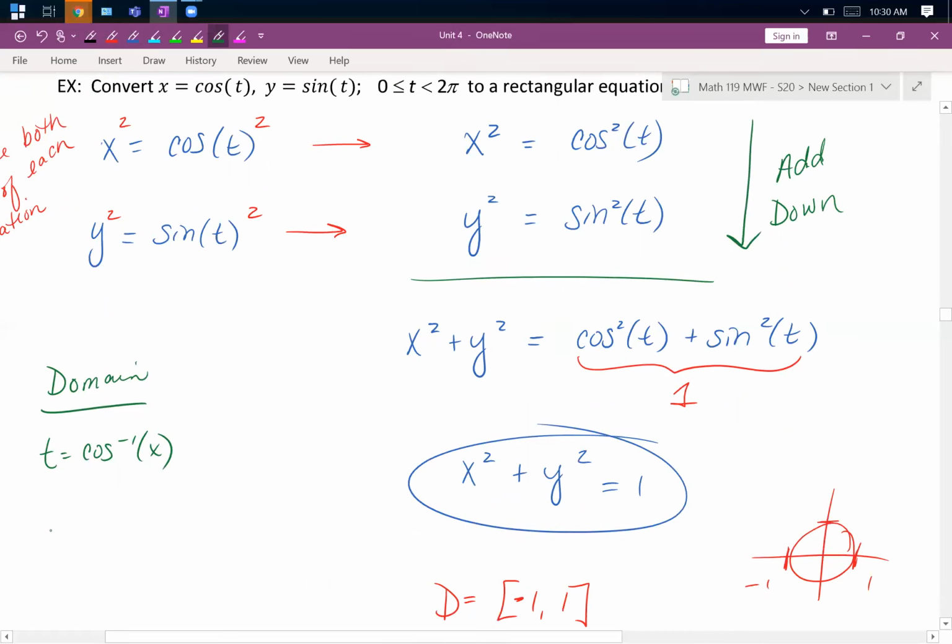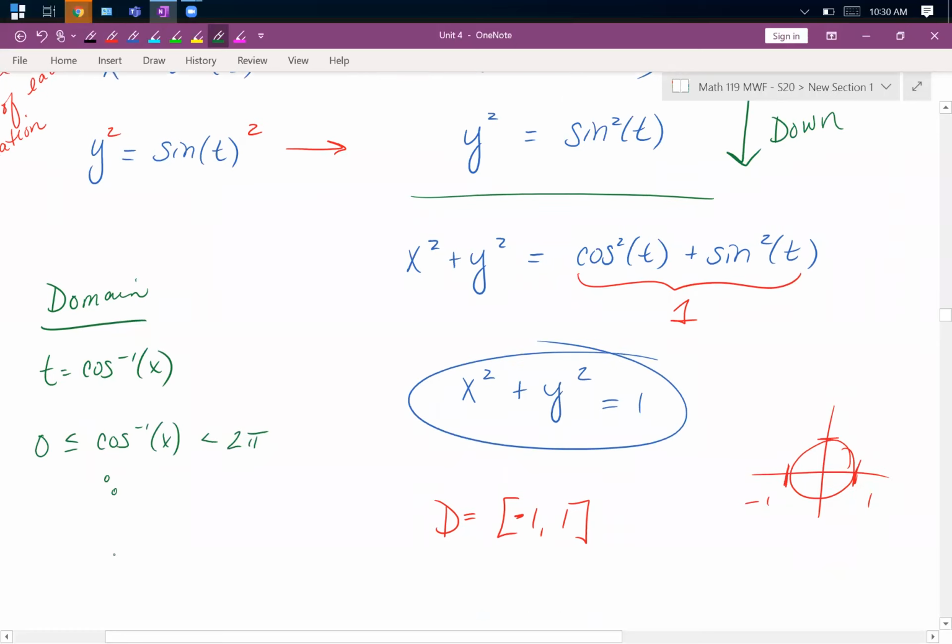So plugging in, that means that cosine inverse is going to be in between 0 and 2 pi. So what we want to think about here is, what is the max and min cosine value around the unit circle.